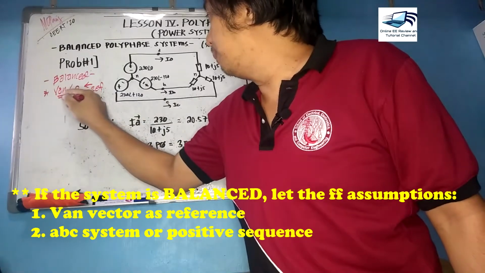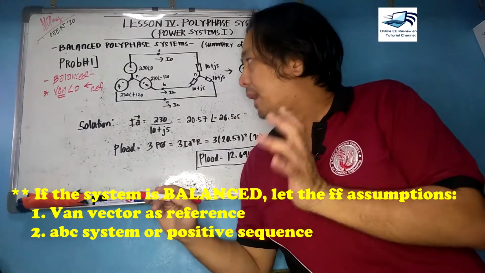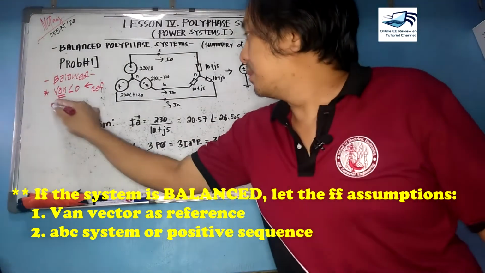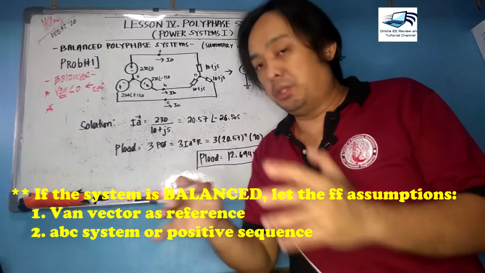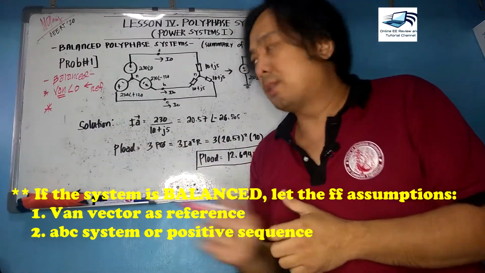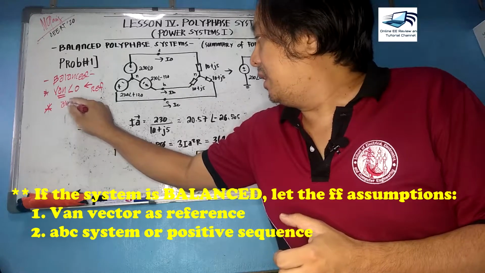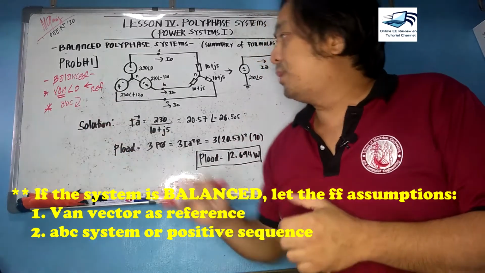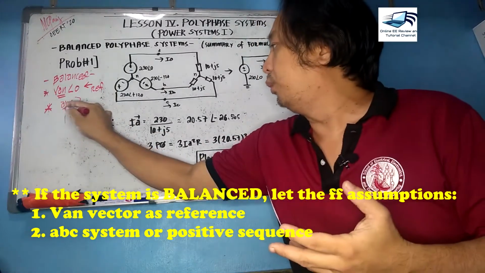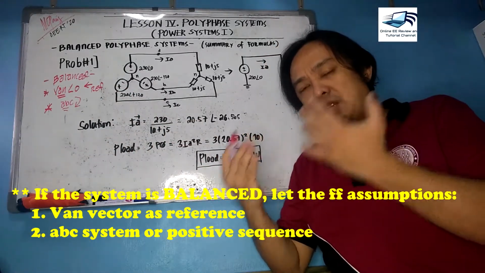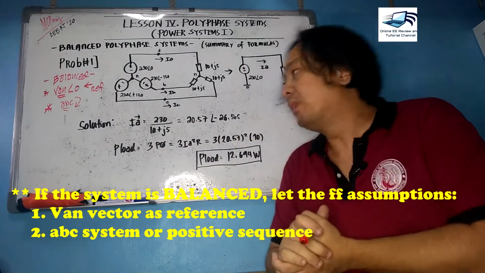Please take note, phase voltage for balanced polyphase systems. Another assumption that you can use is an ABC clockwise or positive sequence. If there's no sequence involved, we need to assume a positive sequence.